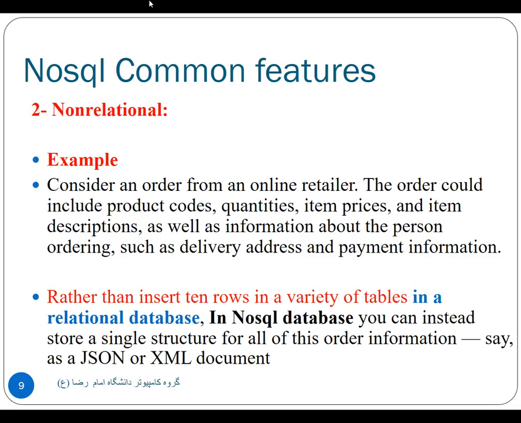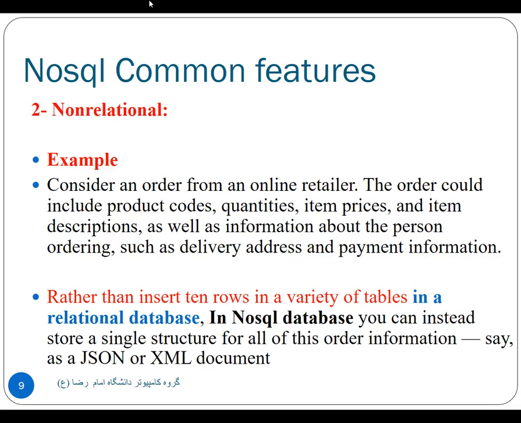Rather than inserting 10 rows in a variety of tables, which is what happens in the relational database, in the NoSQL database you can store a single structure for all of the ordered information, for example, a JSON document. So all of the data of the order is stored together. So the NoSQL database is non-relational.